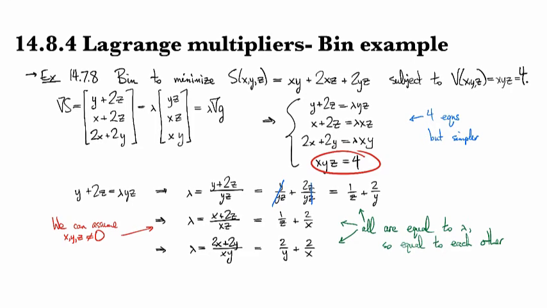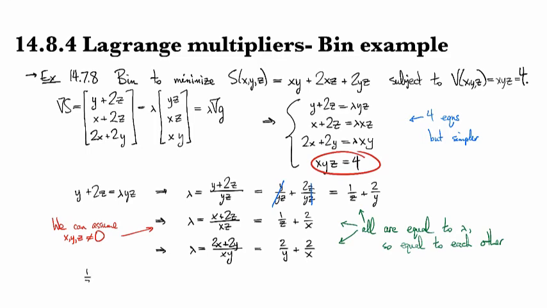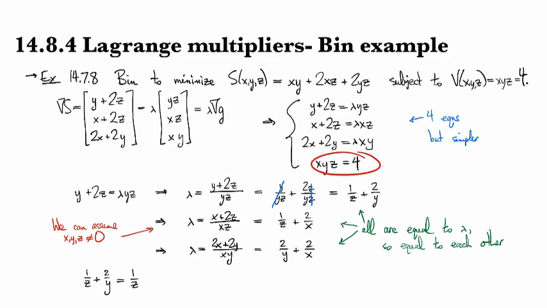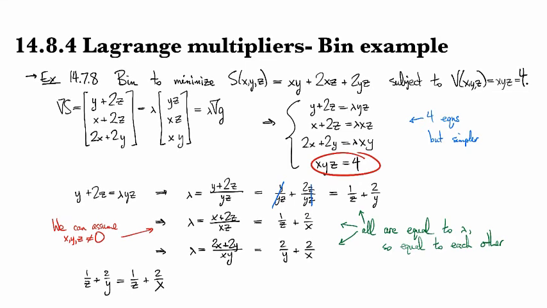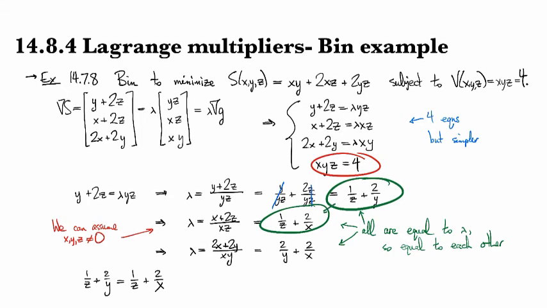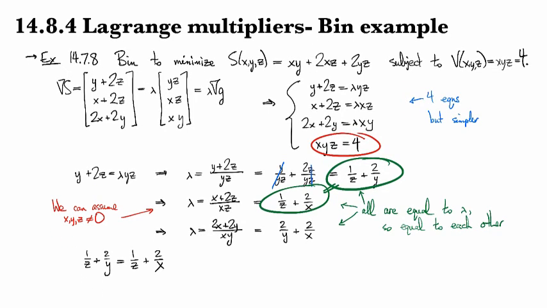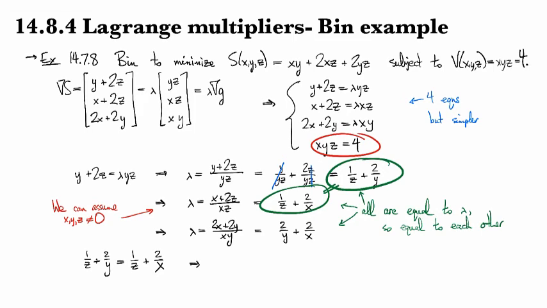So anyways, bringing this back to what's equal to each other, we have, say, 1 over z plus 2 over y equals 1 over z plus 2 over x by combining this and setting them equal to each other, right? So I can subtract the 1 over z from both sides, and we get that x is equal to y.